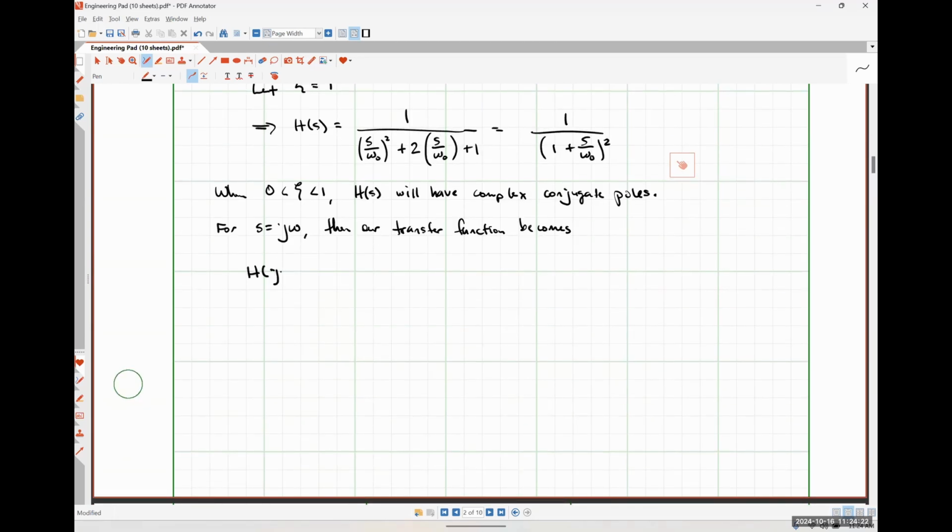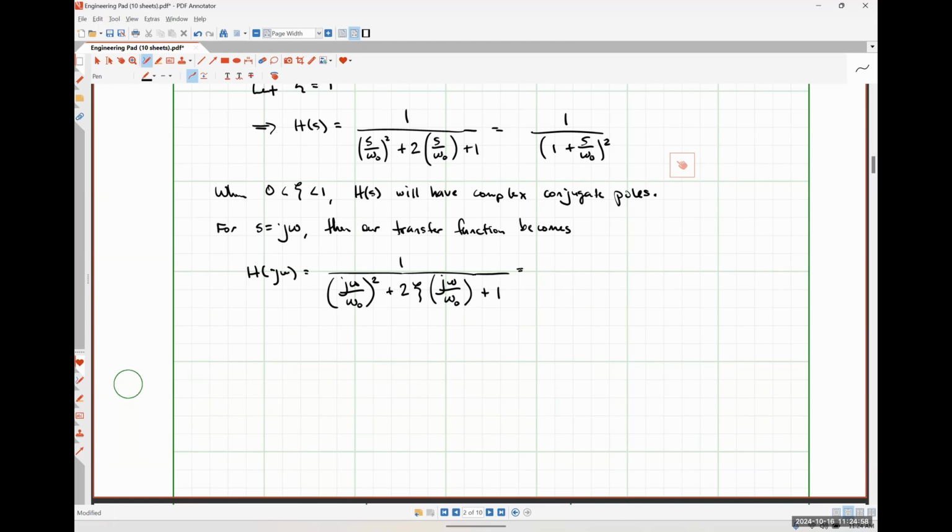H of j omega will be equal to 1 over (j omega divided by omega naught) quantity squared plus twice zeta j omega over omega naught plus 1. And we know that j squared is just minus 1, right?